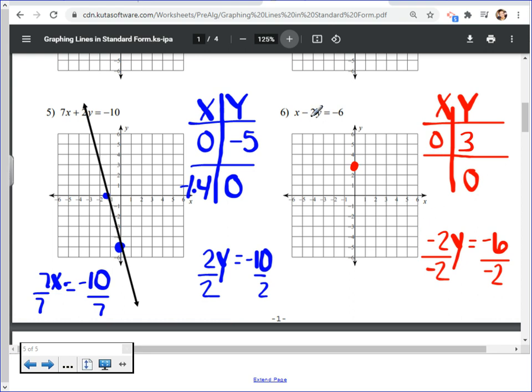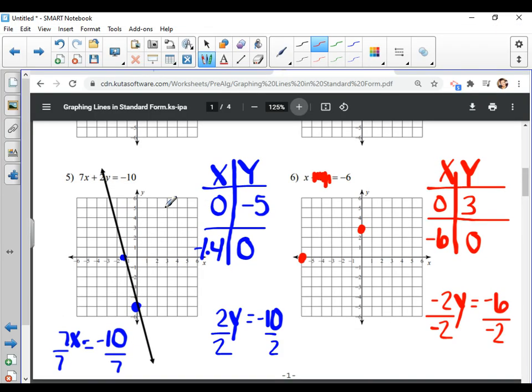You've got 1 point. You need to have 2 points to make a line. So we're going to now make Y 0, which when you make Y 0, it just gets rid of negative 2Y. And it actually just tells you what X is. You don't have to solve it at all. X is just negative 6. So we're putting our point at 0, 0 on our graph, and it's telling us to go to the left 6, and we don't have to go up or down anything. Now I've got my 2 points.